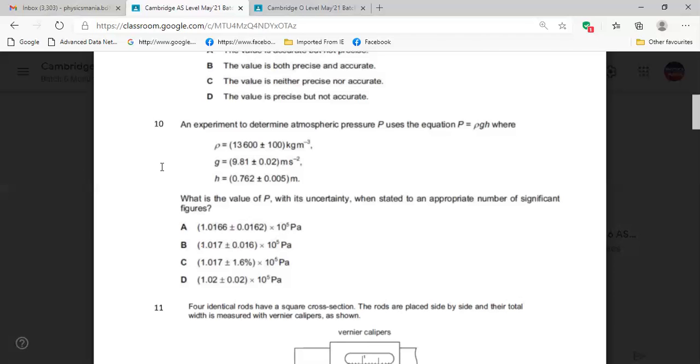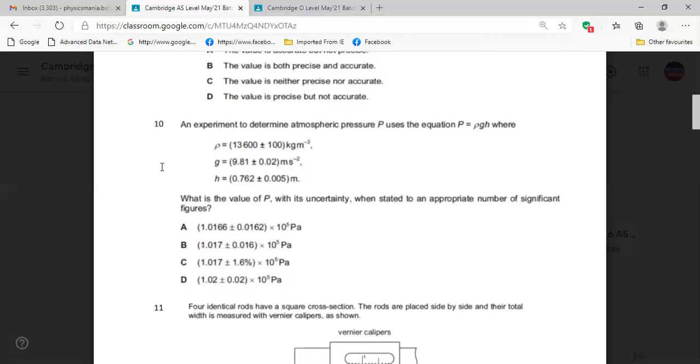Yes, sir. Now you check the answer, which one is matching. They are saying you have to get the answer in appropriate number of significant figures. So which one is matching? Yes, sir.